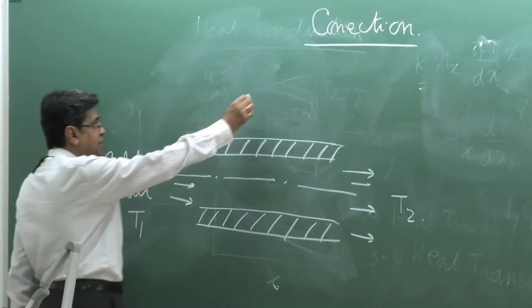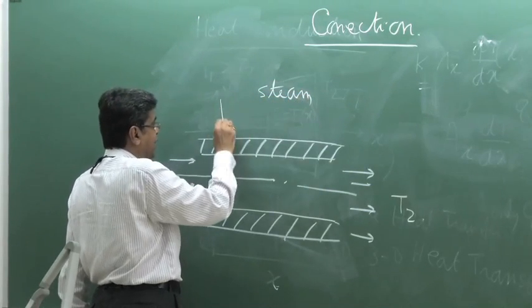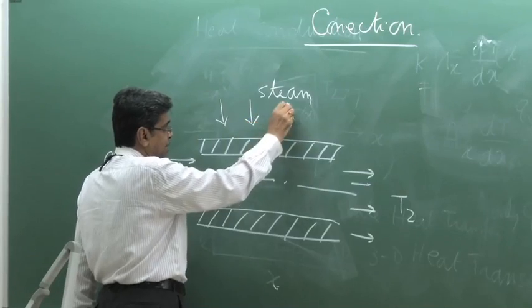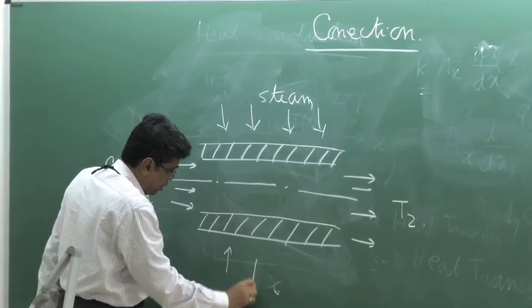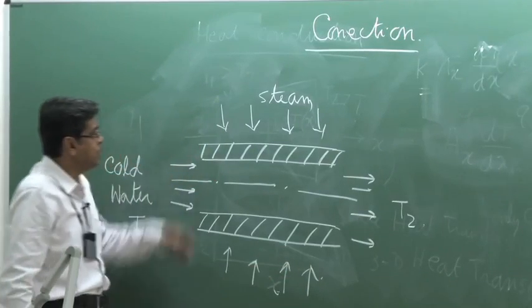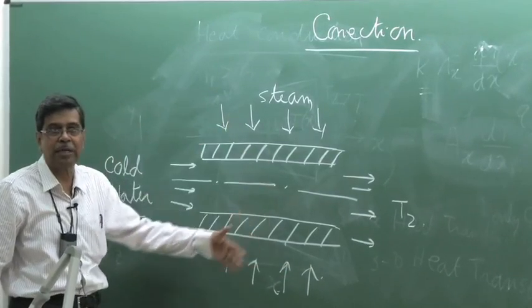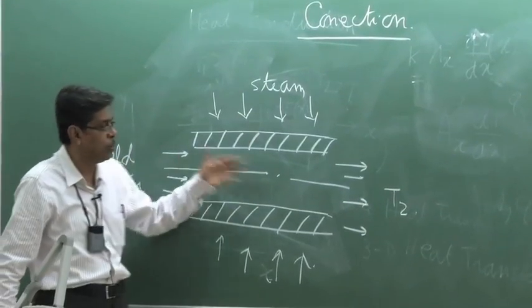And steam from the turbine flows like this. This direction does not mean that it goes inside the tube. The tube is impermeable, it is made of metal. So the steam flows around the tube. There is a cross flow, the direction of the steam and the direction of the cold water.